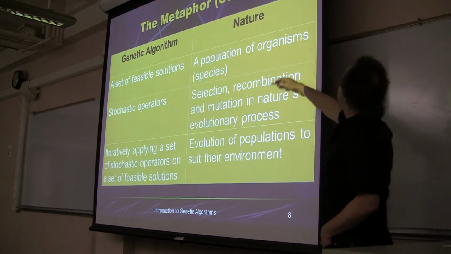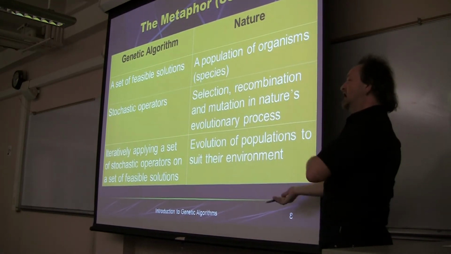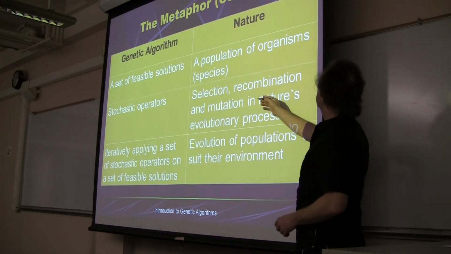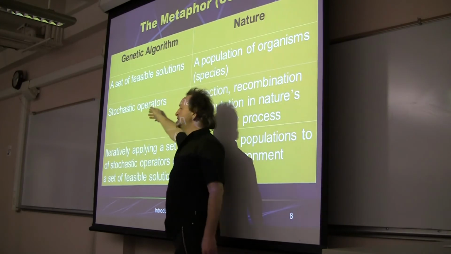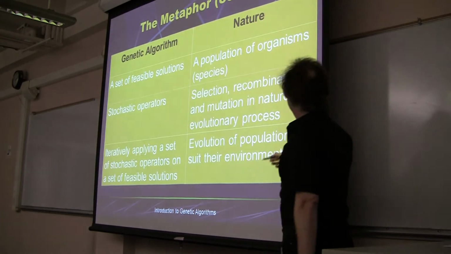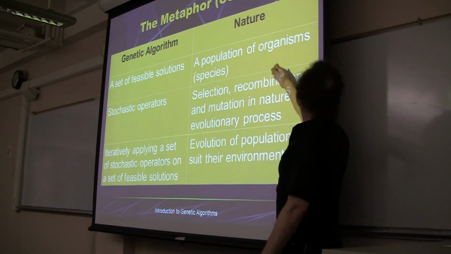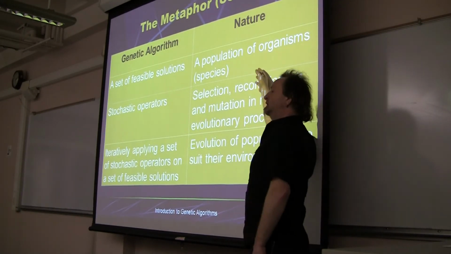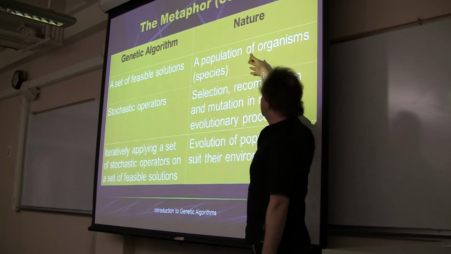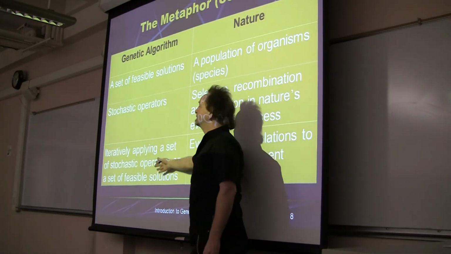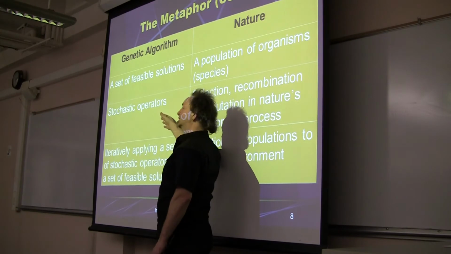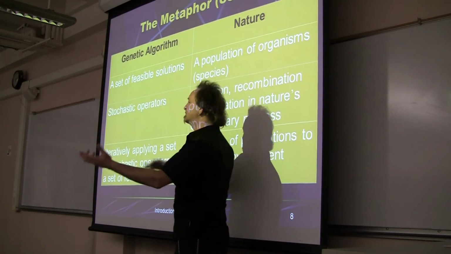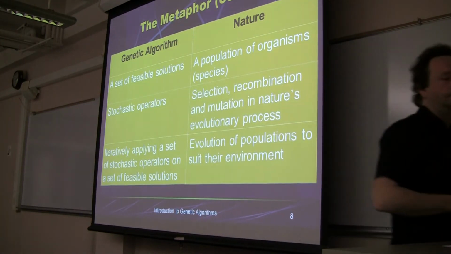These animals interact with each other. Some die, some survive, some breed with each other, some mutate. We do the same things to our towers. And over generations, the whole population becomes better suited to that environment. Here, over many generations, the towers become better suited to whatever parameters we've set, strength, low cost, whatever.